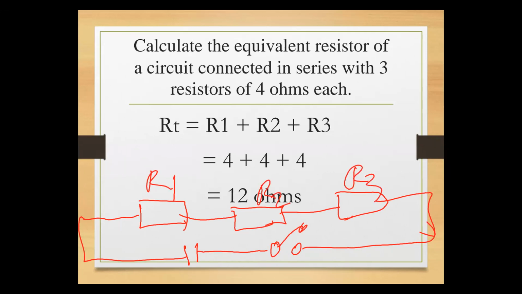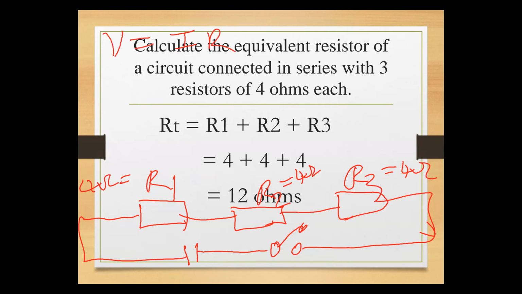They're saying R1 is equal to 4 ohms. This one is also equal to 4 ohms. This one is also equal to 4 ohms. And then they are saying calculate the equivalent resistance of the circuit connected in series with 3 resistors of 4 ohms. So here, the law that we talked about, we say V is equal to IR.